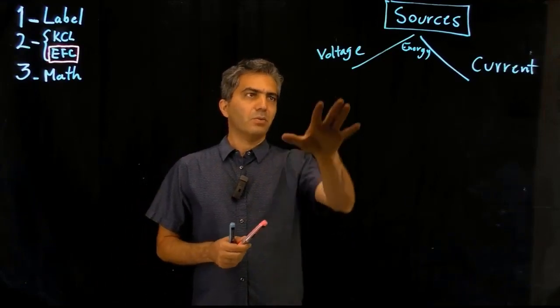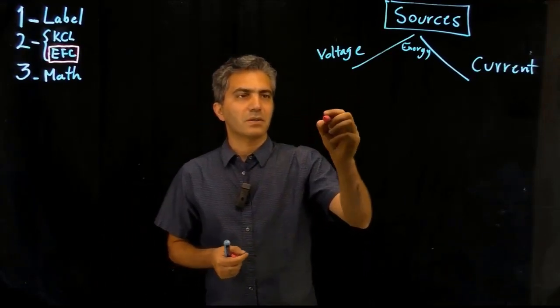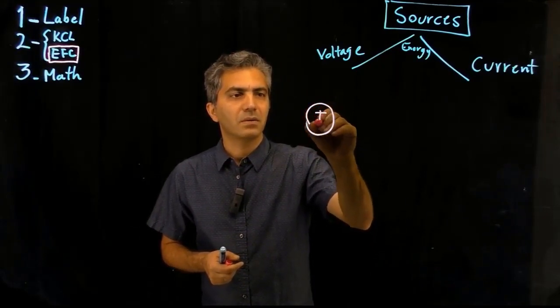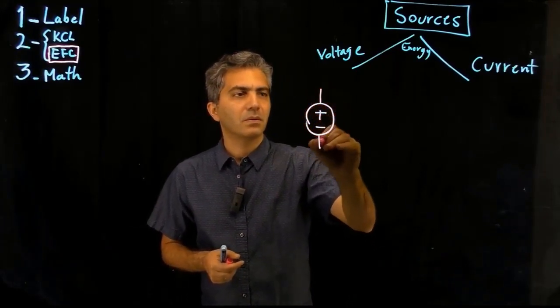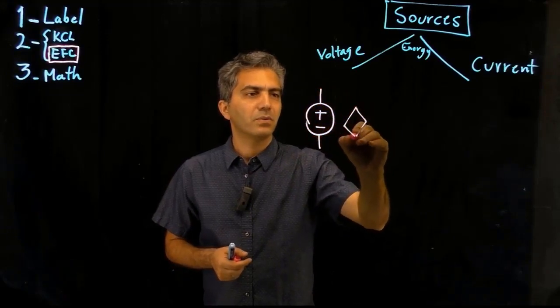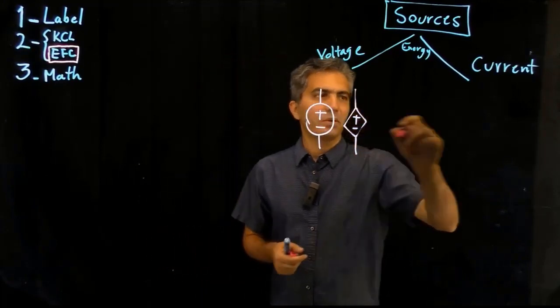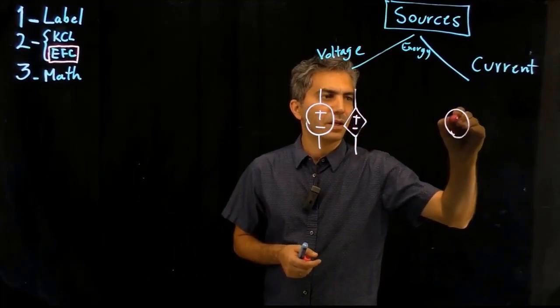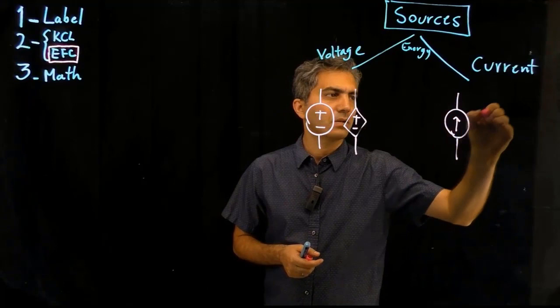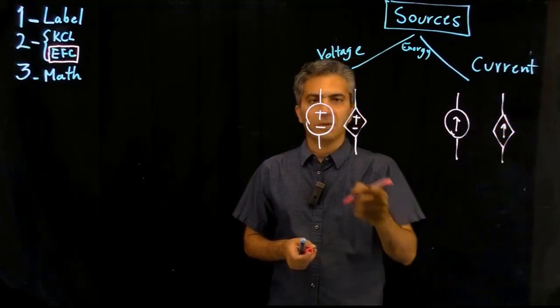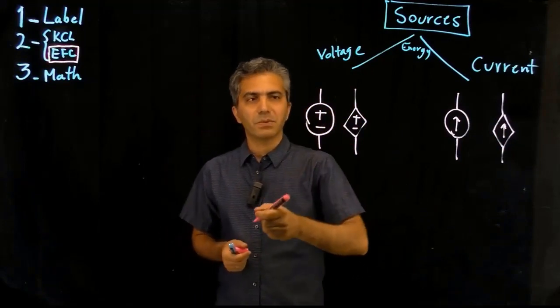To symbolize these devices, you can think of two different symbols that are used here for the voltages, and 2 kinds of symbols that are used here for currents. I'm going to explain to you what the difference between the 2 is.